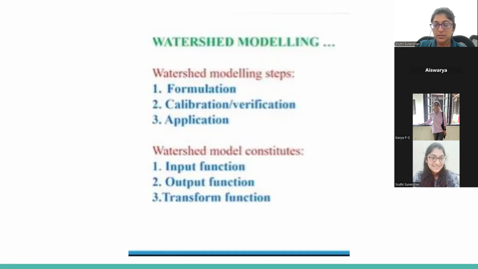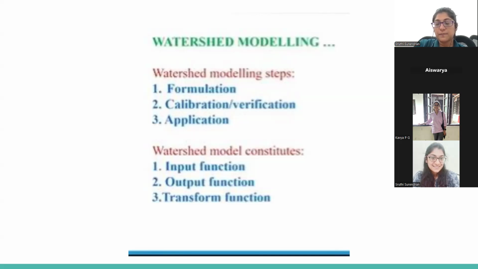Developing a watershed model is a very tedious procedure because it involves natural components like rain and infiltration. All of the hydrological components are natural processes that have high variability.